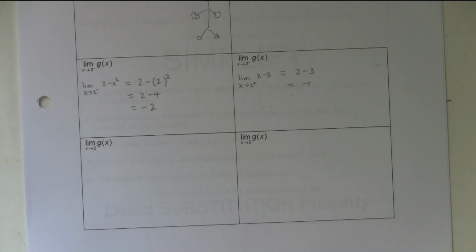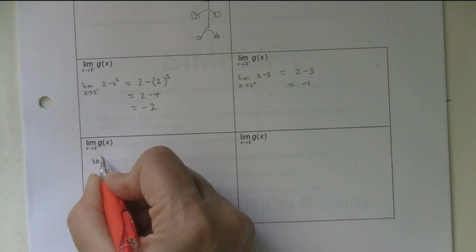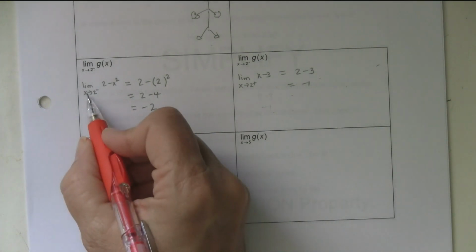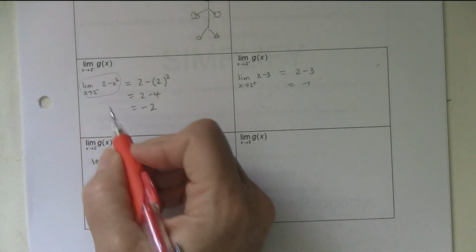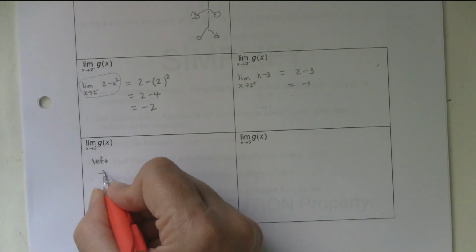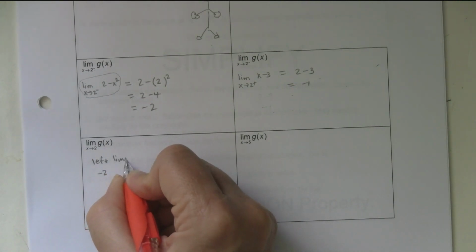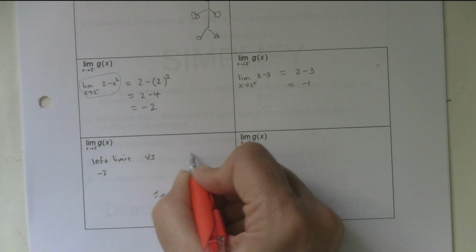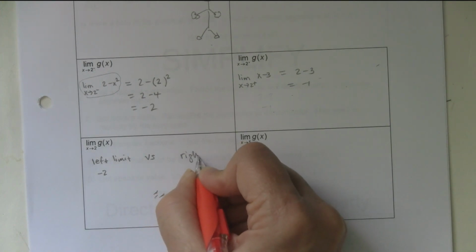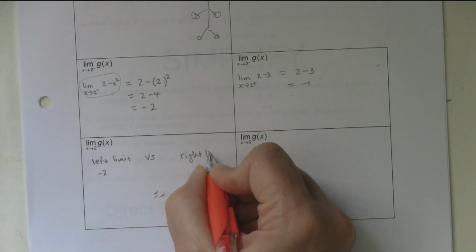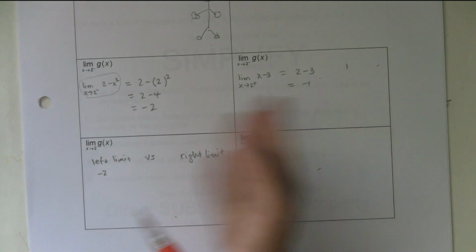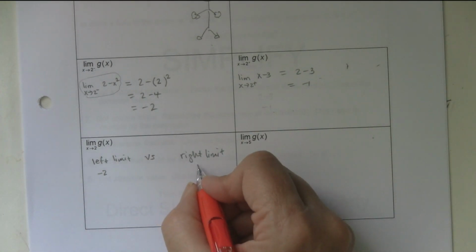Now, when it asks you to find the limit as x goes to 2, it's asking you to compare the left limit, which was negative 2, versus the right limit. You have to make sure that when it's piecewise defined, you look at the left limit versus the right limit.